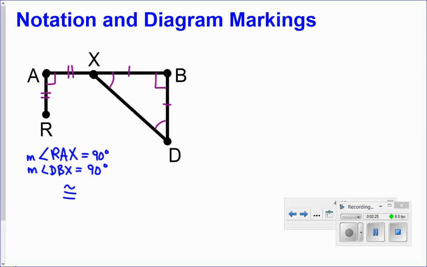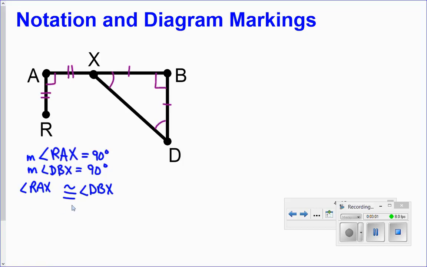So if I want to indicate that angle RAX and angle DBX have the same measure, they both measure 90 degrees, that those two angles are congruent, what I would do when I'm talking about the angle itself rather than the measure, I would just put angle RAX is congruent to angle DBX.